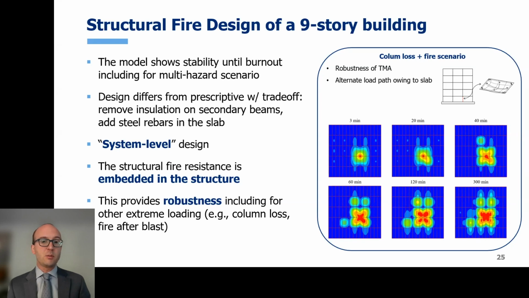So this load-bearing mode, this alternate load path that we found was robust to resist fire is also something that helps to resist a column loss, according to the same principle of large deformations and activating this tensile capacity in the steel reinforcement.